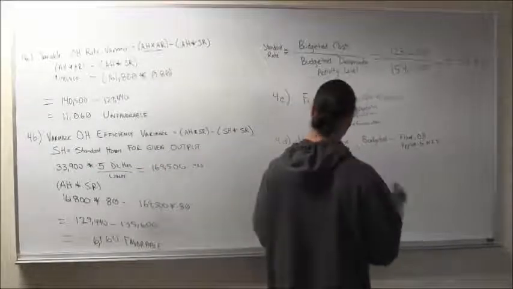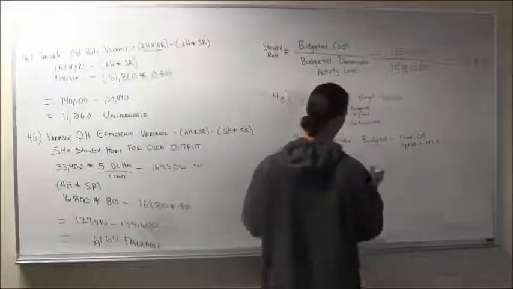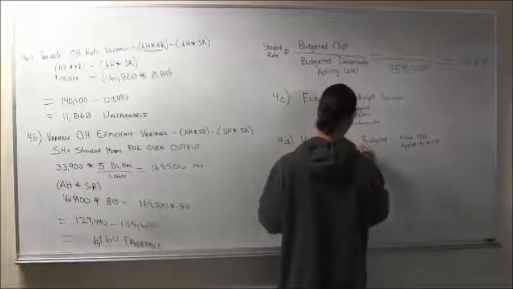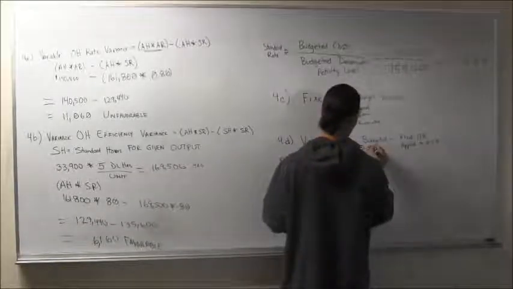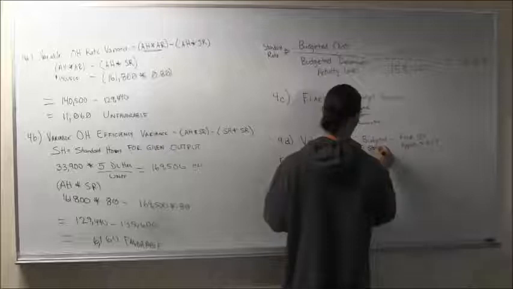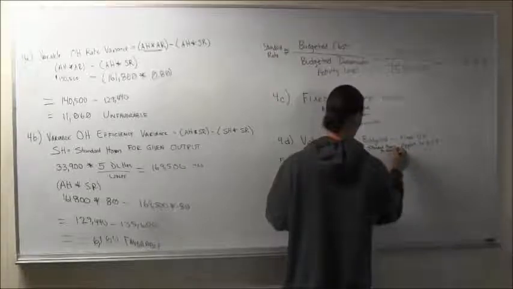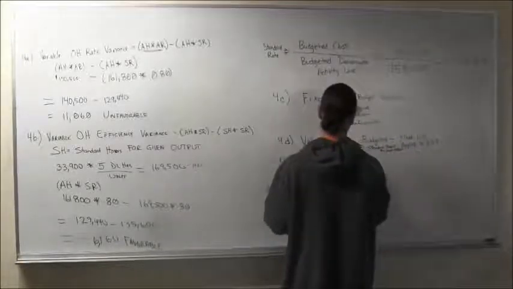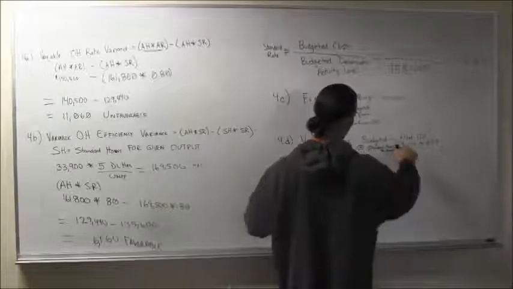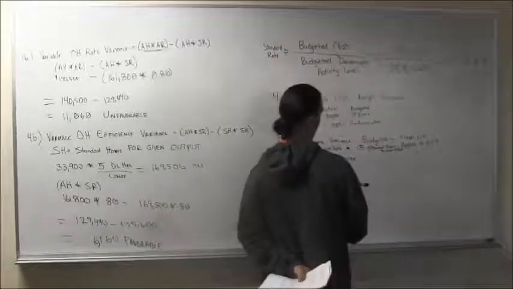And then you just multiply that and that. That gives you the amount of fixed overhead applied to your works in process.